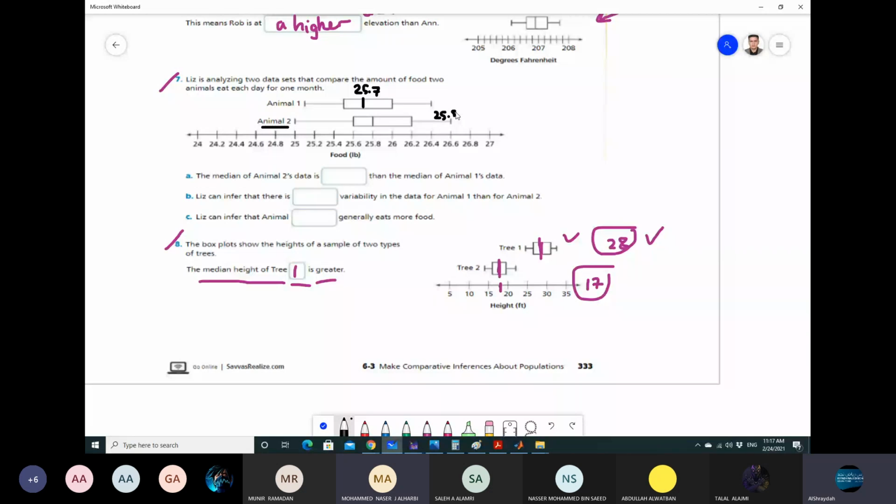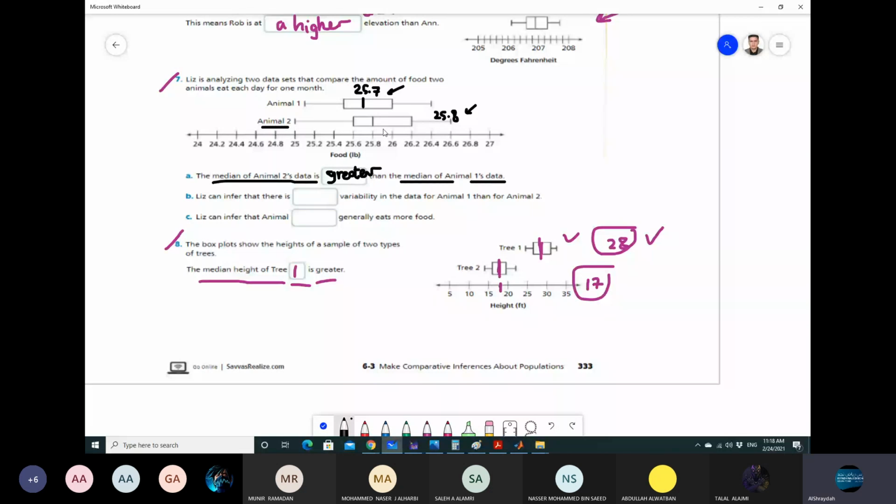The median of animal 2's data is greater than the median of animal 1's data. So 25.8 is greater than 25.7.